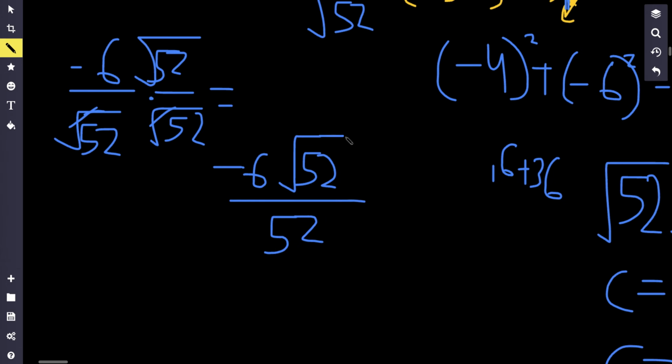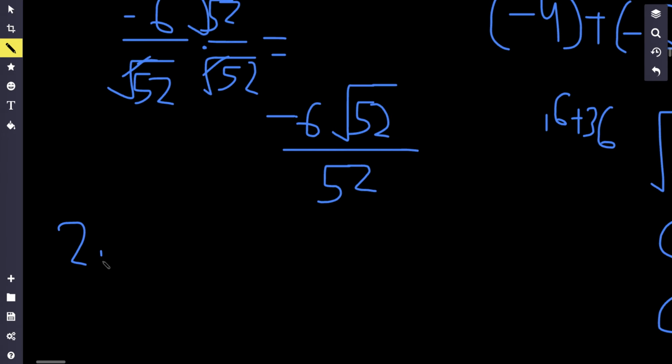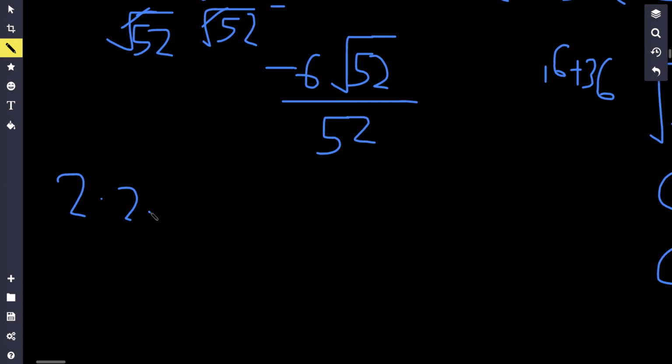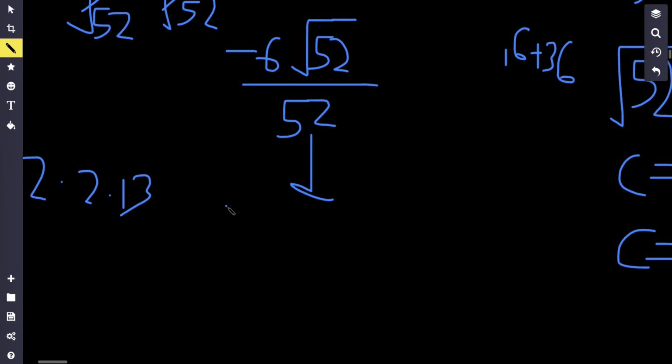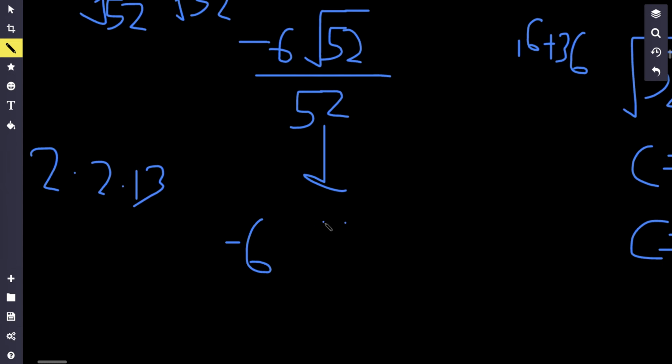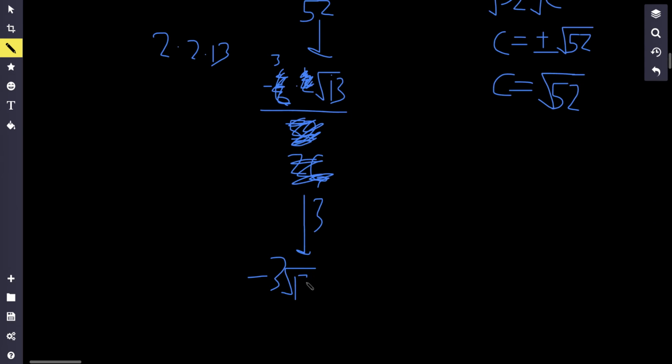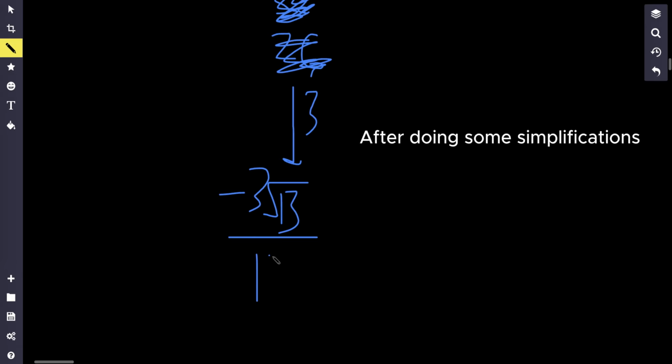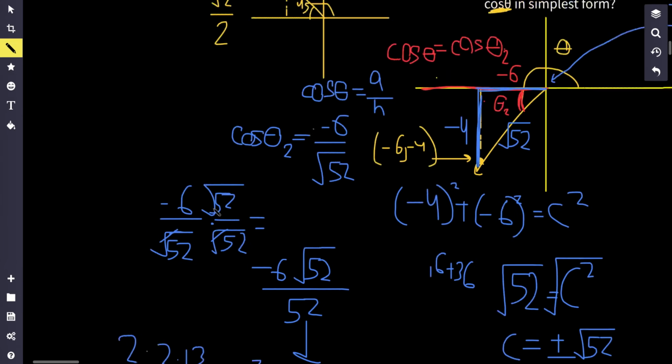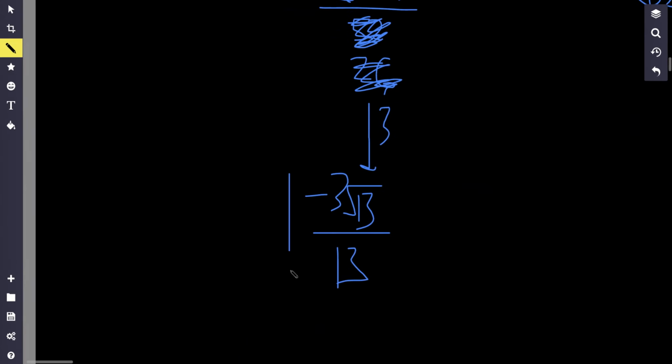Now, 52 is equal to 2 times 26, which is equal to 2 times 13. So I can actually simplify this into -6 times 2 radical 13 over 52, which is -3 radical 13 over 13. So that's going to be our cosine value.